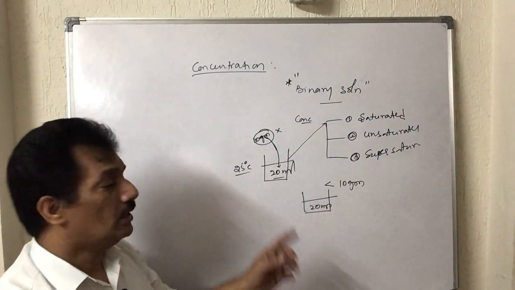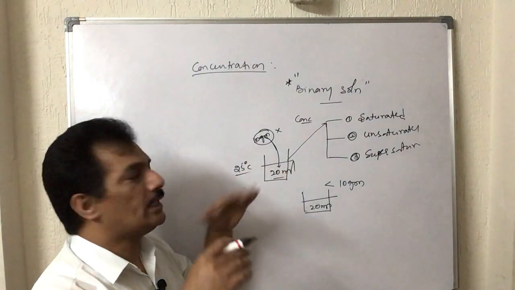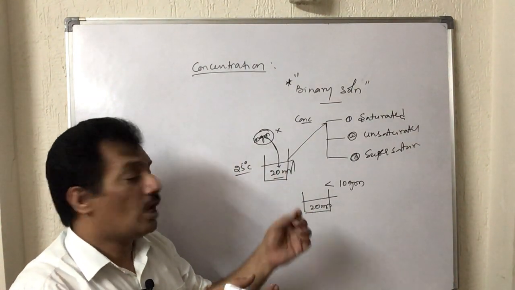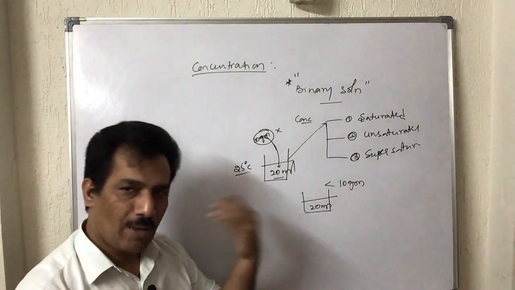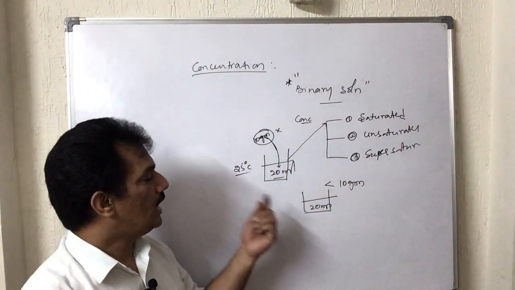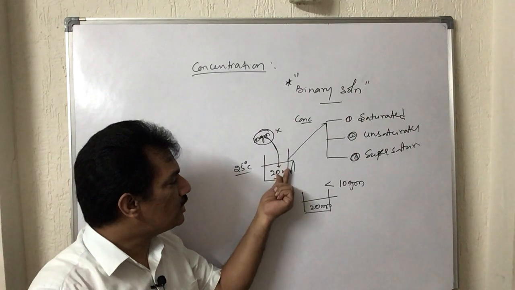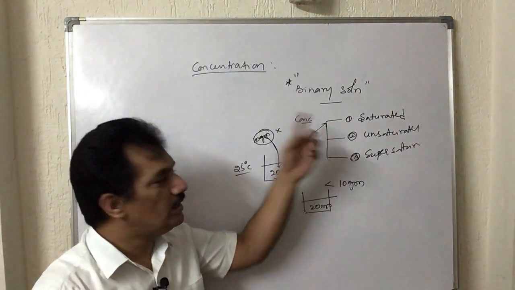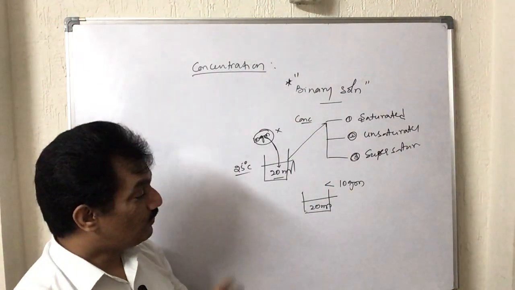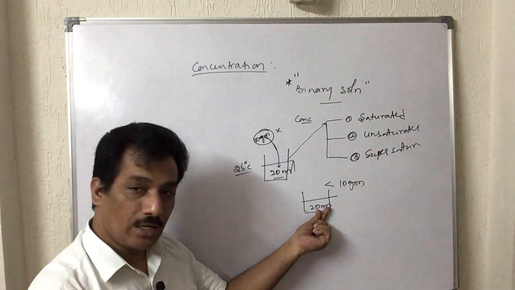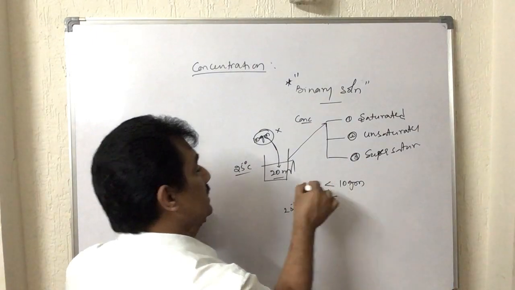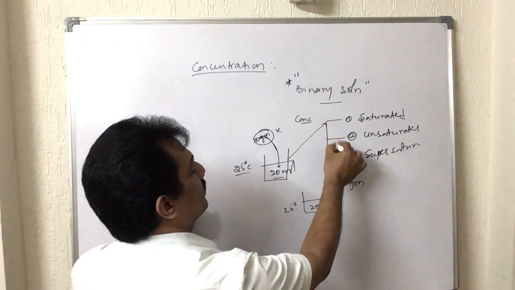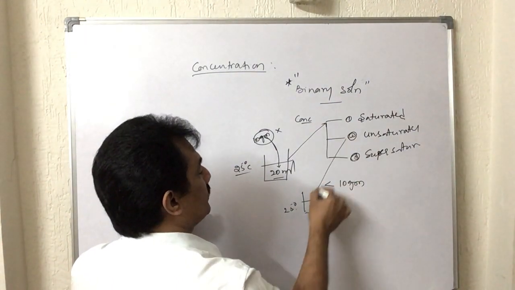Let us assume that the maximum quantity that can be dissolved in 20 ml of water at a given temperature is 10 grams. That is the maximum extent, is it not? If that maximum extent of the substance is completely dissolved, then it is saturated. If the substance dissolved in 20 ml at 25 degrees centigrade is less than 10 grams, then it is known as an unsaturated solution.